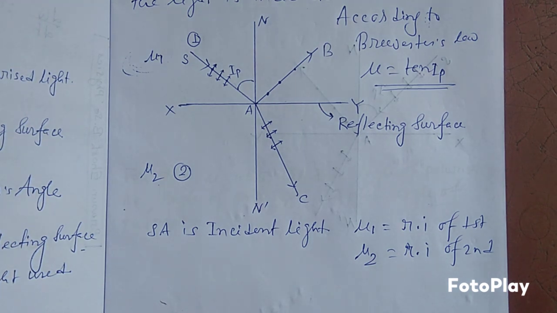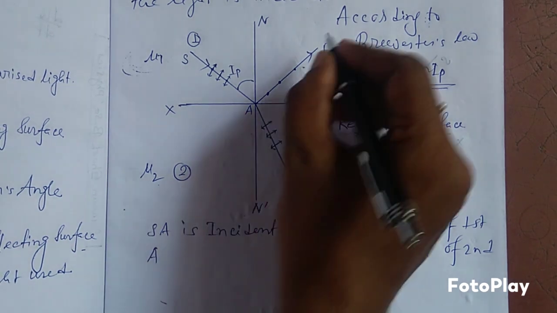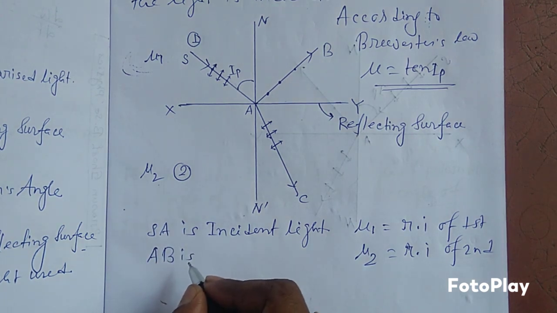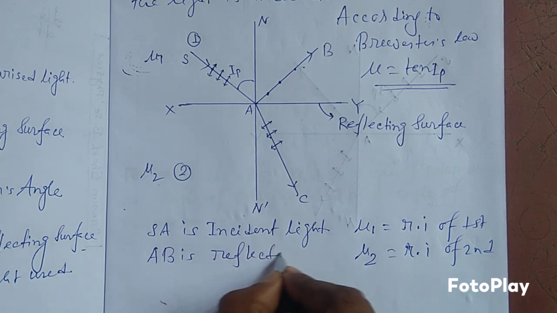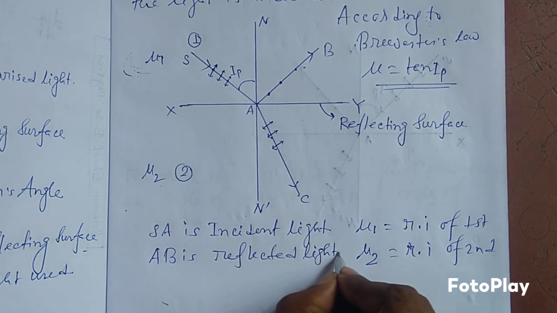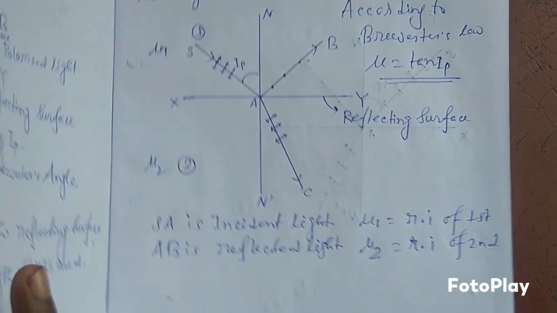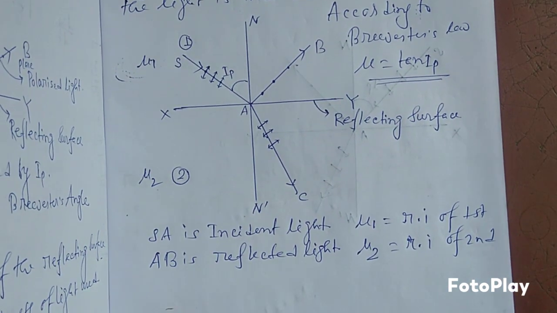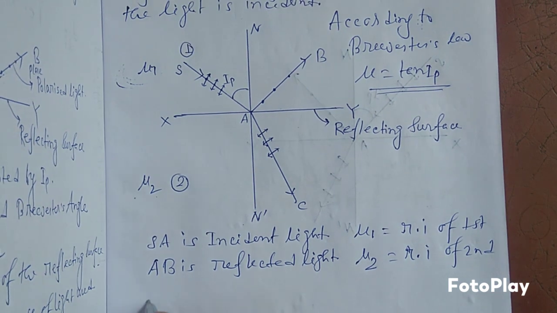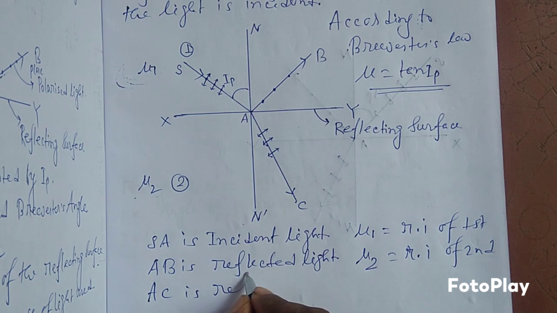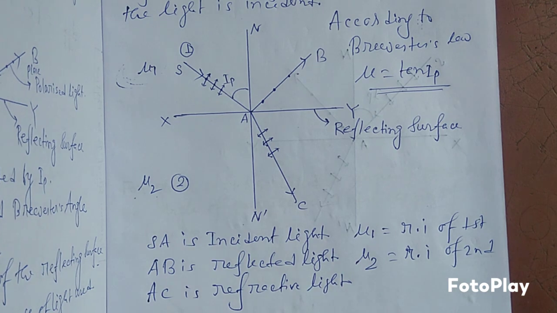Next, AB is the reflected light. AC is the refracted light.